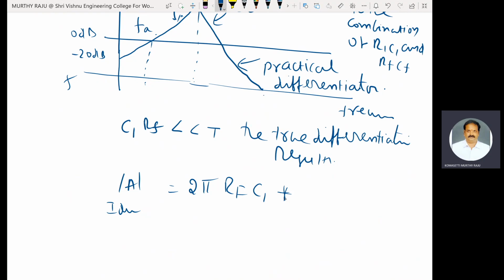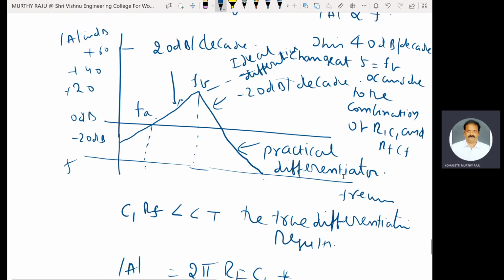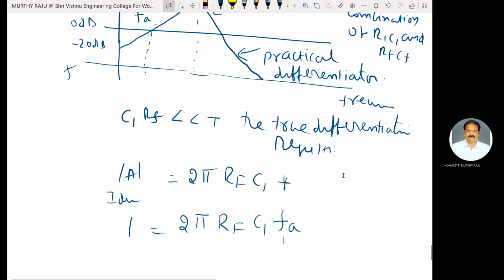Now I have to define FA. How to define that FA? FA is the frequency at which mod A is 0 dB or 1. Therefore, 1 is equal to 2 pi RF C1 F at F is equal to FA. From this figure the gain is 0 dB or 1.